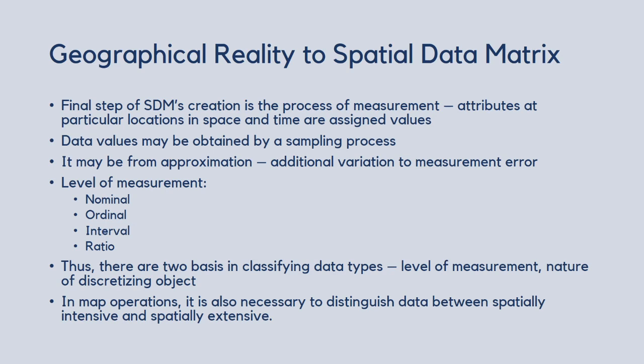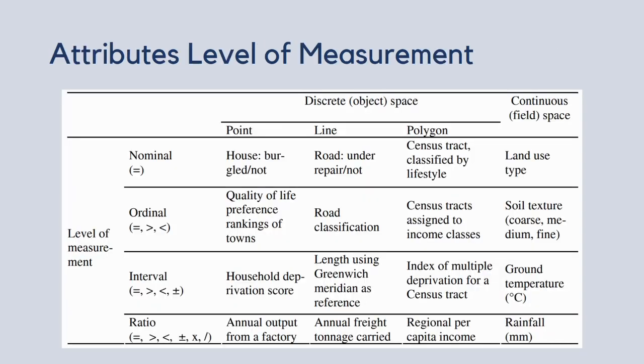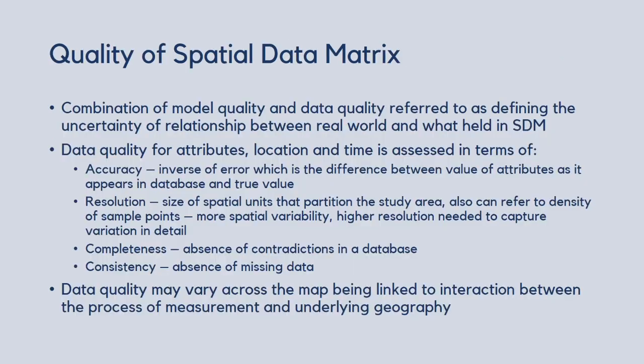In addition, in the map operation, it is also necessary to distinguish data between the spatially intensive and spatially extensive, which had been explained earlier also. So this is the level of measurement for the attribute data, the examples, and so on.